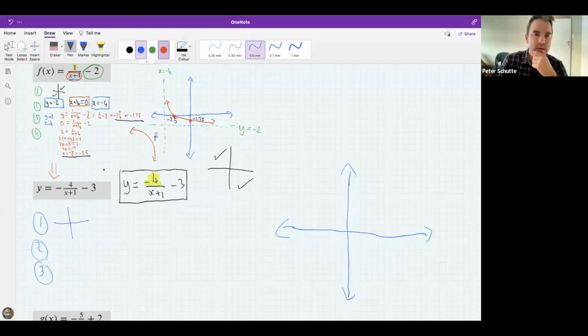So step 1, we know we're going to be in those 2 quadrants because of the negative. And for those who are new today, we learned about which quadrants hyperbolas get drawn in previously. So those should be my asymptotes.